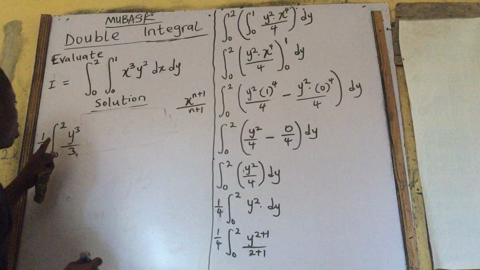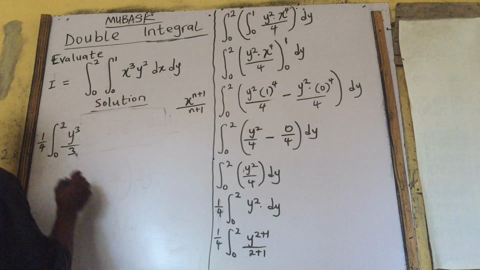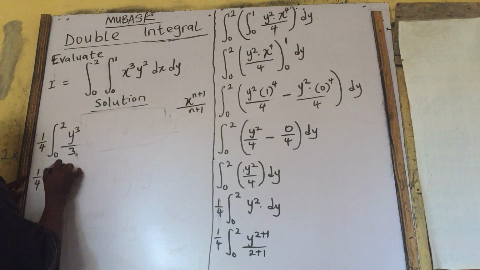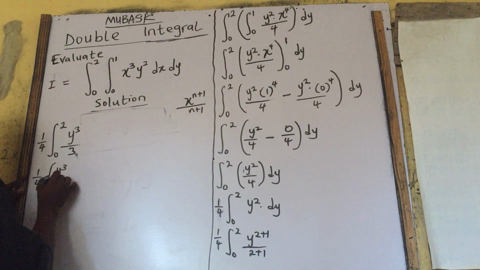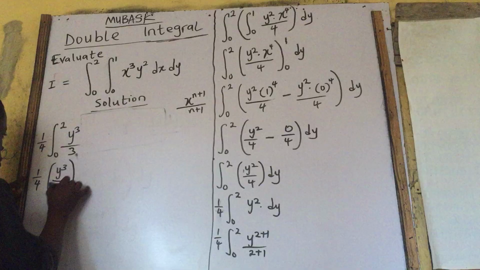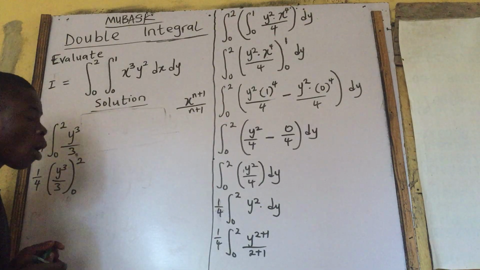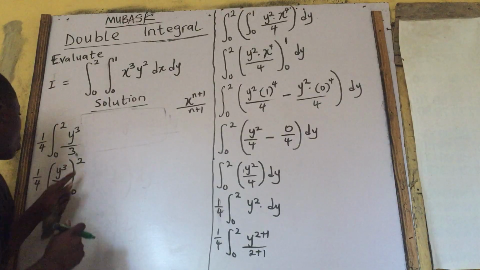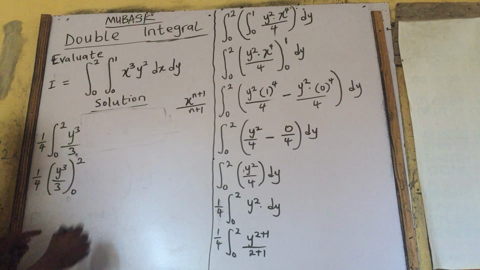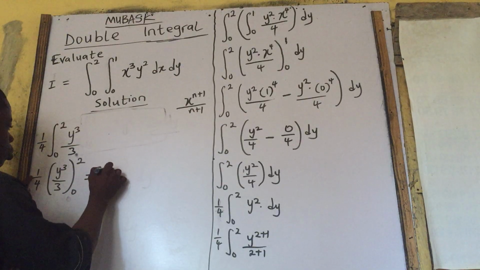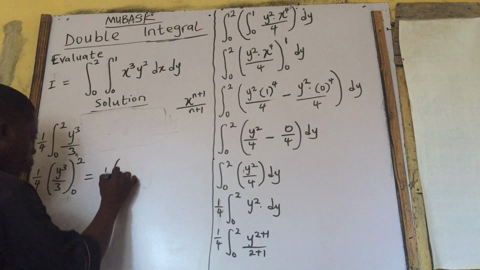Now we can distribute the bound to it, which is 1 over 4 all in brackets, y raised to power 3 divided by 3, close bracket, from 0 to 2. Let us start from the upper limit first, which is 2. Whenever we see y, we substitute 2.